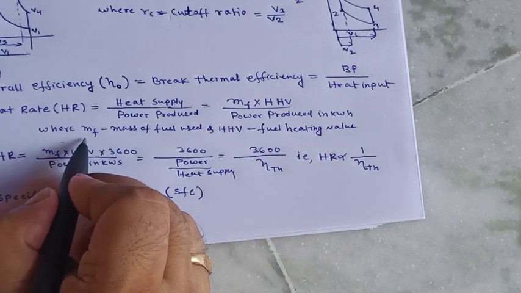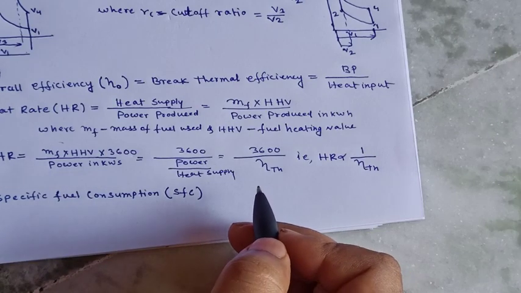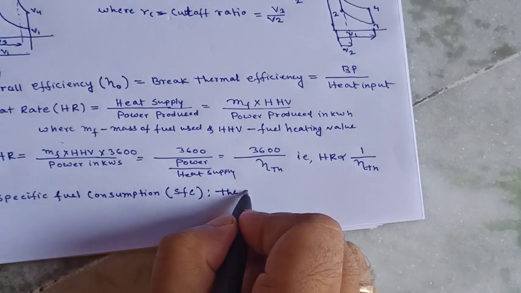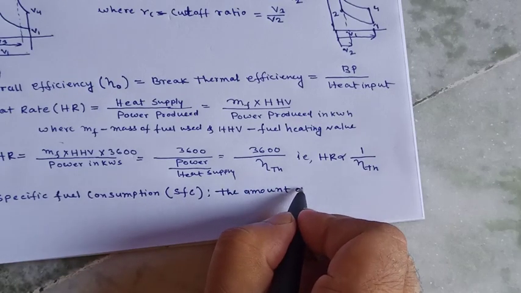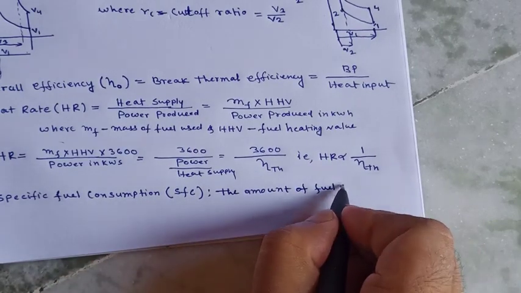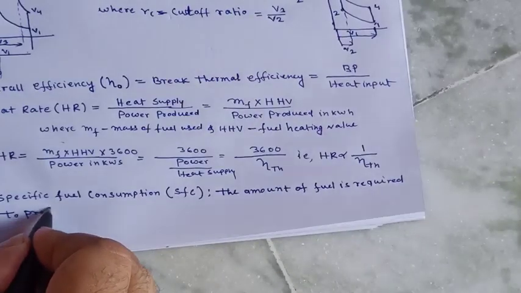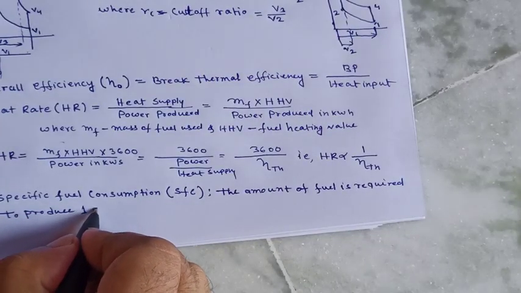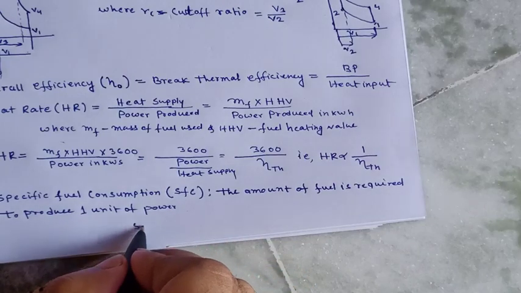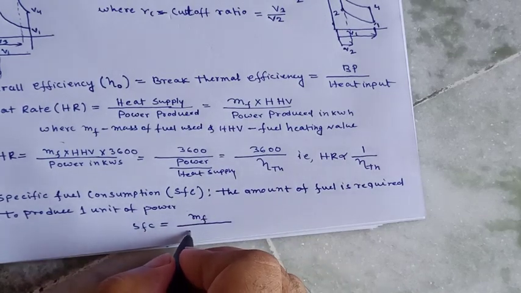Fuel consumption is mf, the mass of fuel used, and specific fuel consumption is the amount of fuel required to produce 1 unit of power. So SFC equals the value of mf by power.